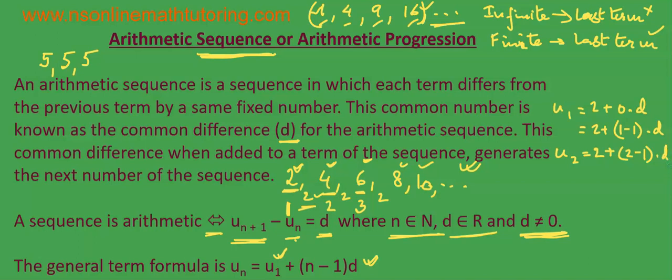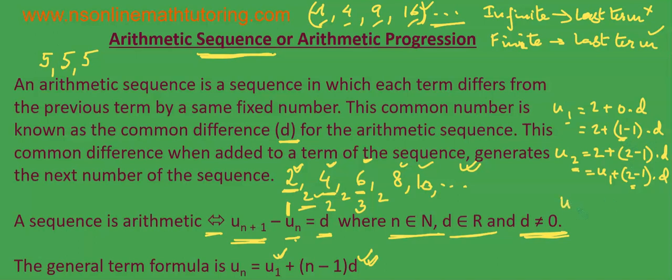I'm writing d because I want to relate this to this part. Or I can write this as u1 plus (2 minus 1) times d, where 2 is equal to n. Where n is equal to 2, this is equal to 2. When n is equal to 1, this is equal to 1. The minus 1 part is common.